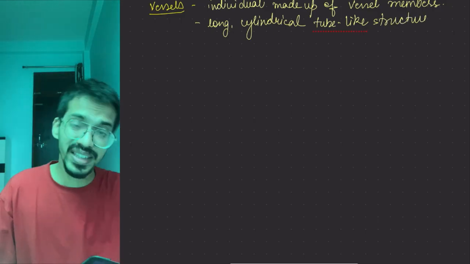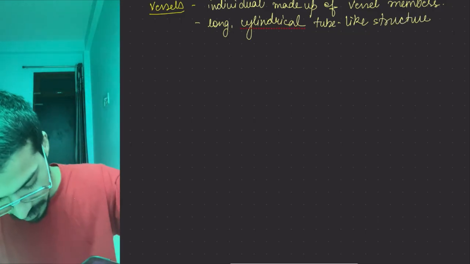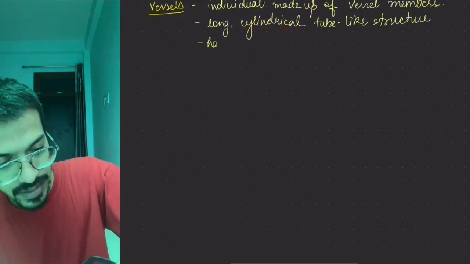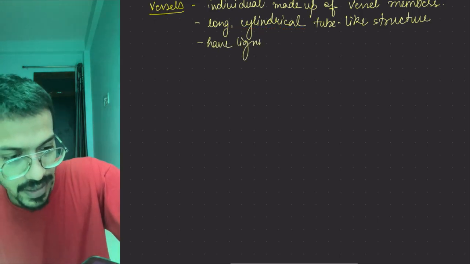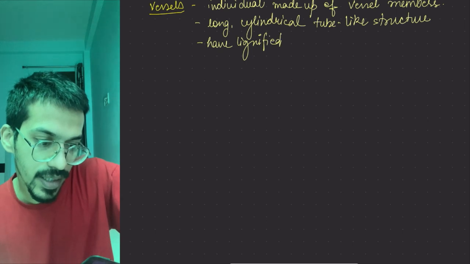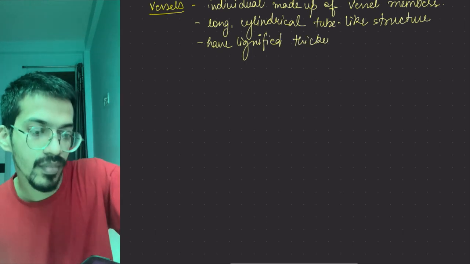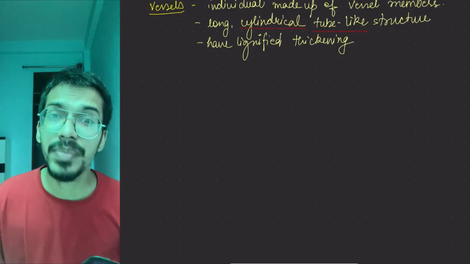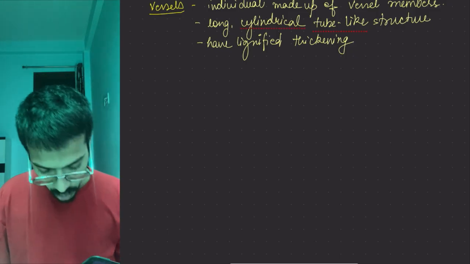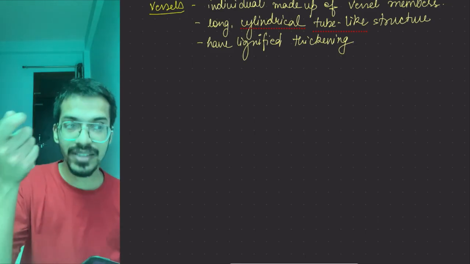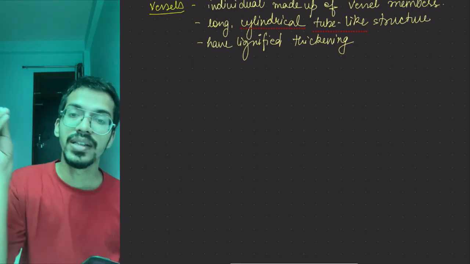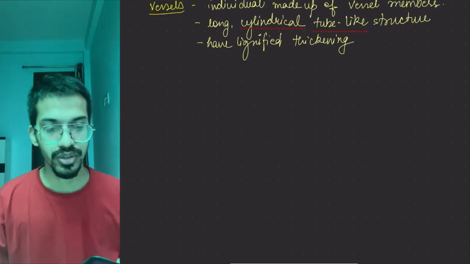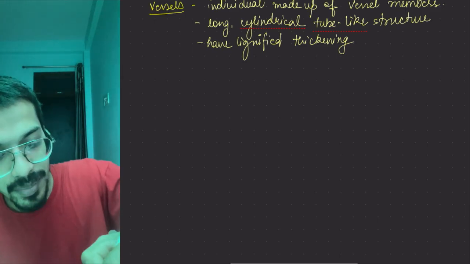They also have thickenings present, lignified thickenings, and they have oblique perforations, which are called perforation plates also. Those perforation plates or pits help in lateral conduction as well as longitudinal conduction.